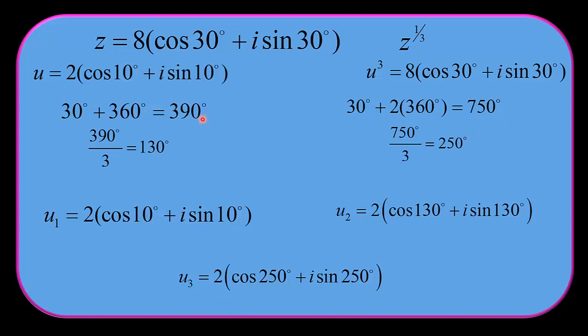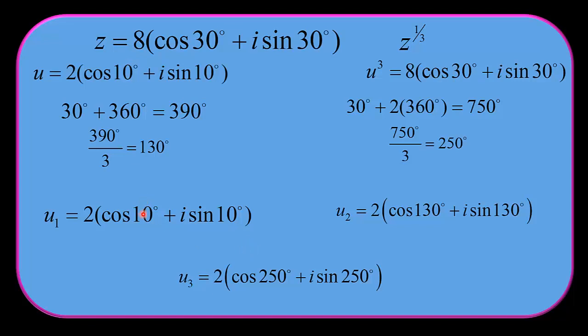We added 720, 2 times around the circle, 2 times 360 to 30, and got 750. Divided that by 3 and got 250. So we found 3 distinct roots. And when we cube any one of these, we get the complex number that we wanted.